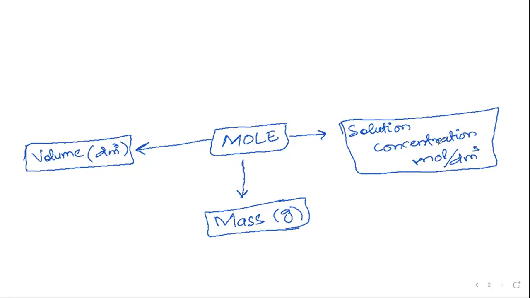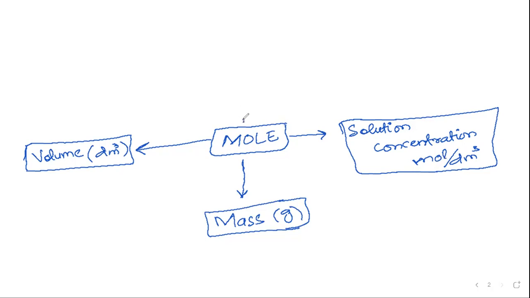For example, if I talk about the juices you purchase from market, on the wrappers, on the packings, the most common concentration in mole per decimeter cube or percentage of juice is written right on the top of the packet. All right. If you go ahead and buy syrups and medicine syrups, the concentration is always written on top. No matter which unit they choose, the concentration is always written over there.